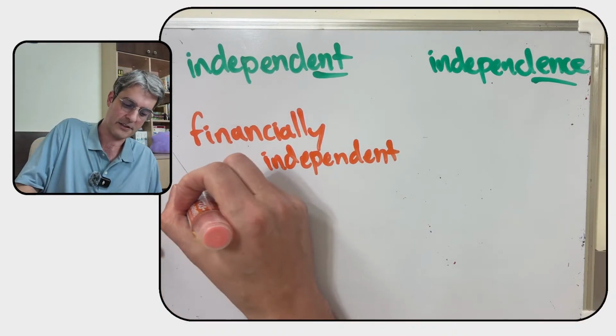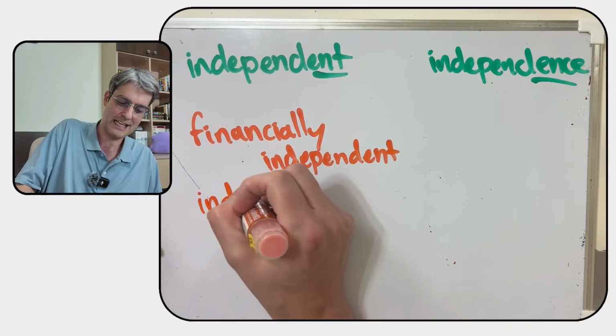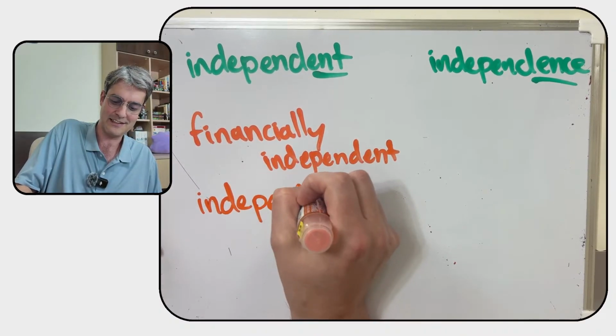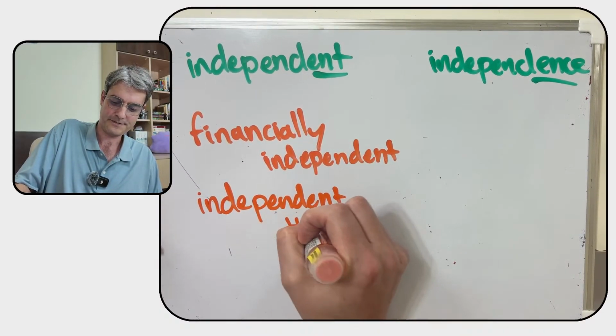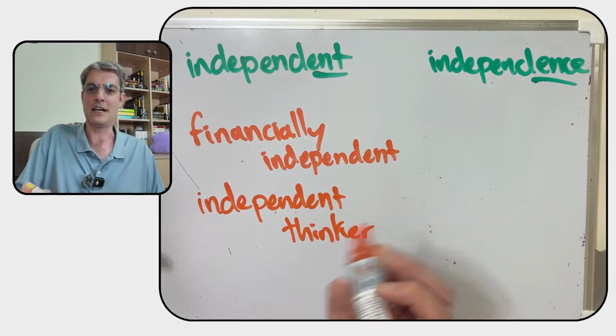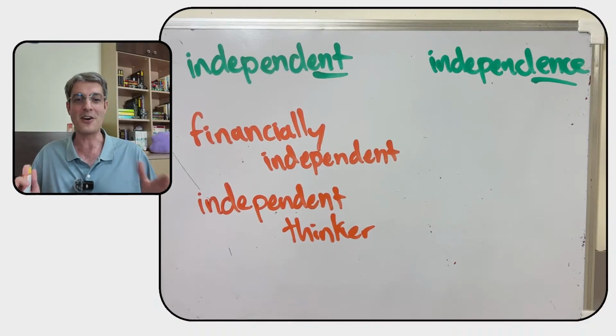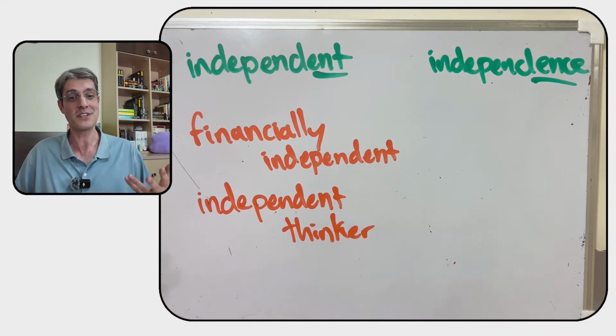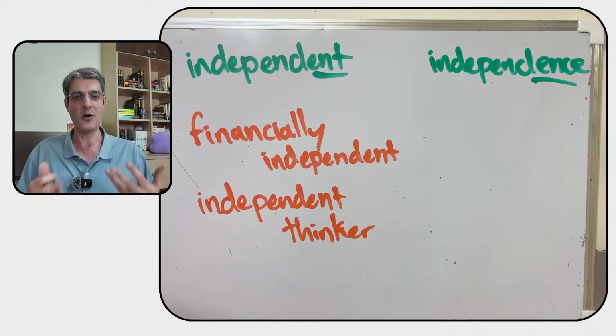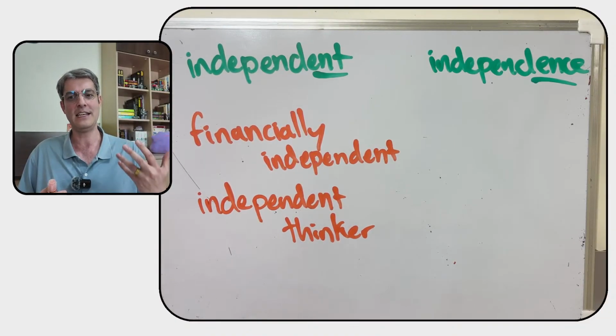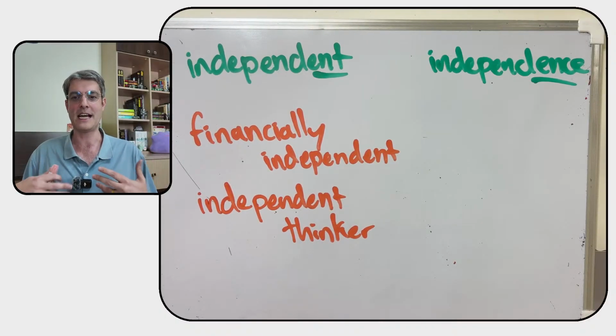And we also have a good collocation here, independent thinker. And this one comes up quite often, and this describes an individual who forms their own opinions or solutions based on their own thinking and evaluation, and rather than just taking everyone else's view or accepting peer pressure, they come up with their own solutions or have their own opinions.